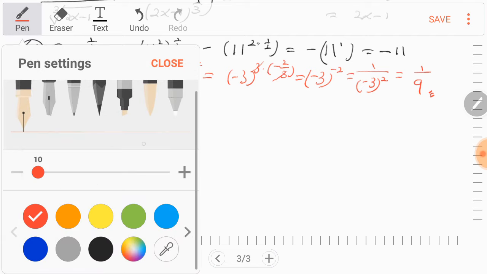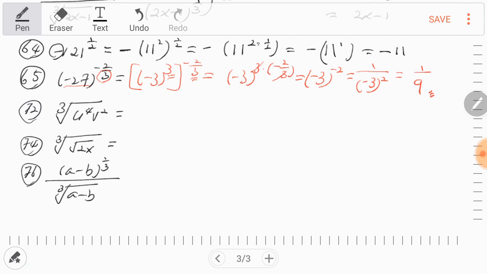Okay, the next one. Cube root. So let's take this radical out and then raise it to the what? 1/3 power. Then assign the power to each factor.